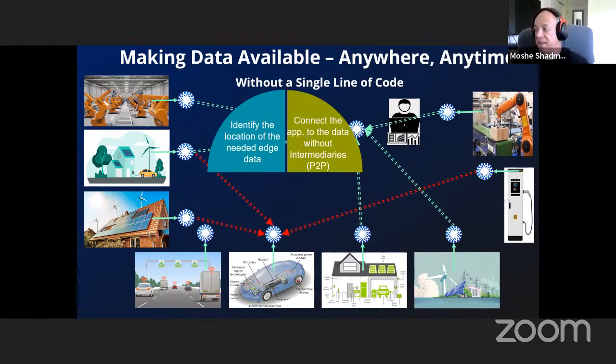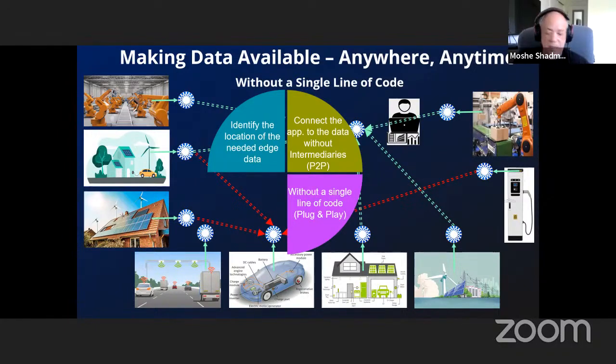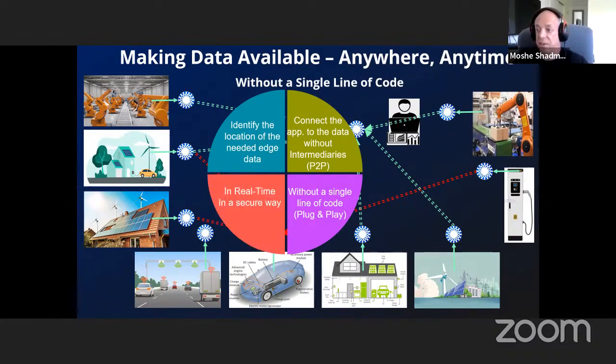We connect the consumer, the application, with the nodes that host the data. It's all done in an automated way, in real time, and in a very secure way. I don't have time to talk about the security, but it's a more secure model than the cloud, which is also an interesting topic to discuss.